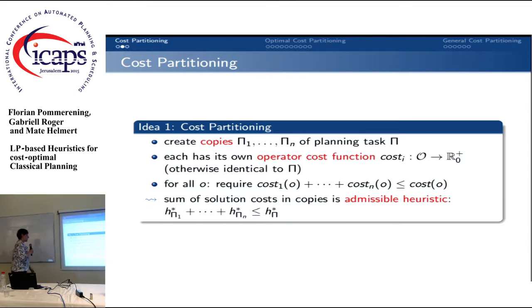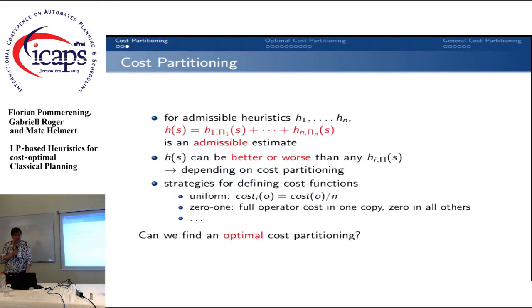Of course, we usually don't work with optimal goal distances, but use admissible heuristics to get lower bounds for these. For such admissible heuristics, the sum of their estimates, always computed on their respective copy with the adapted costs, will be an admissible estimate for the original task.